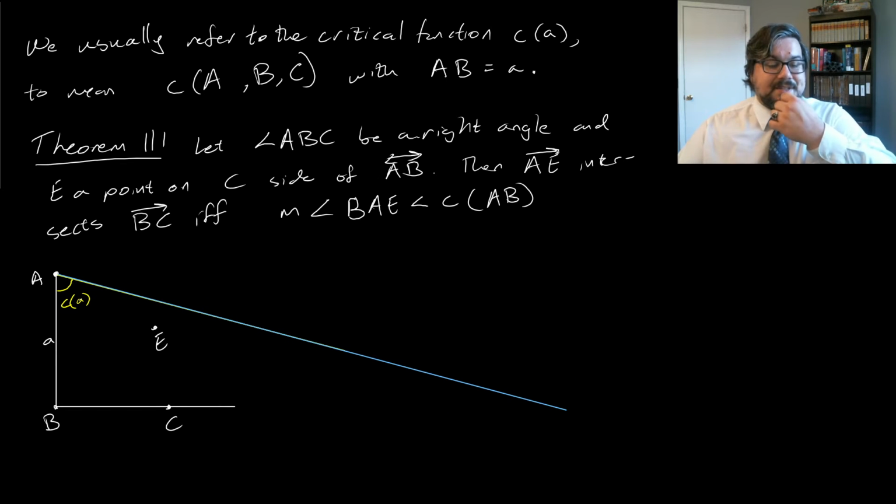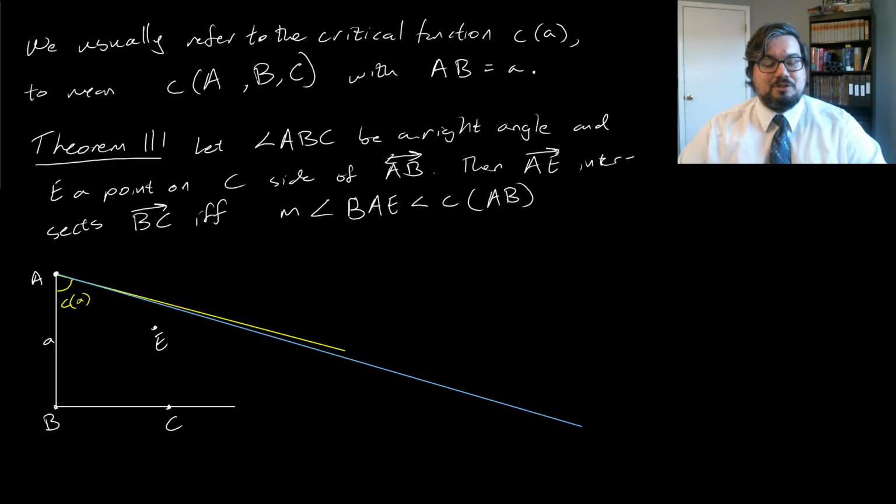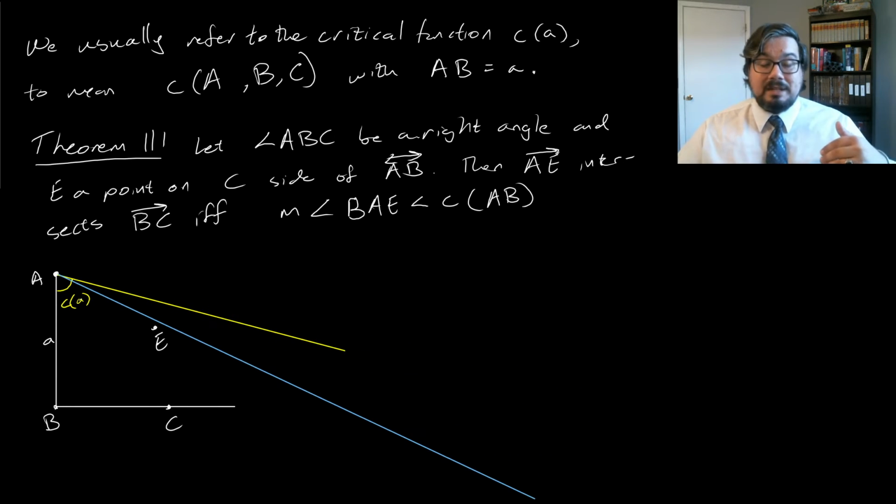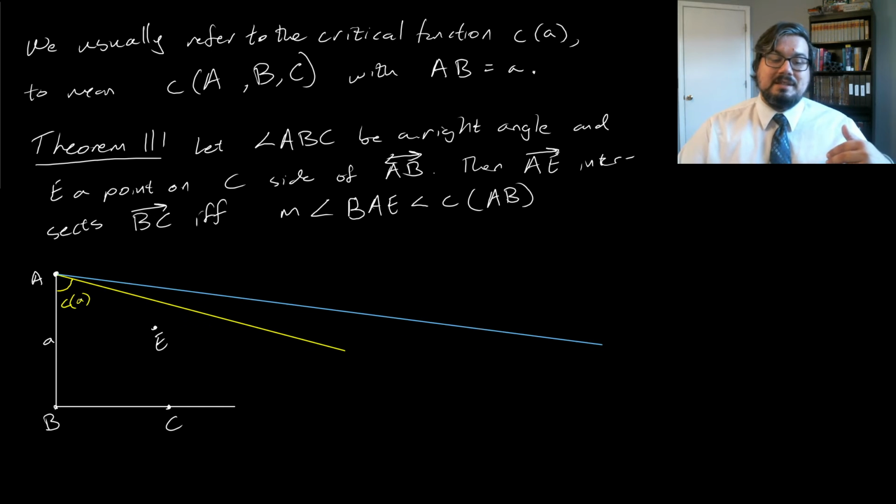So this ray with an angle measurement equal to the critical function gives the boundary between the rays that will intersect BC and the rays that won't intersect BC.